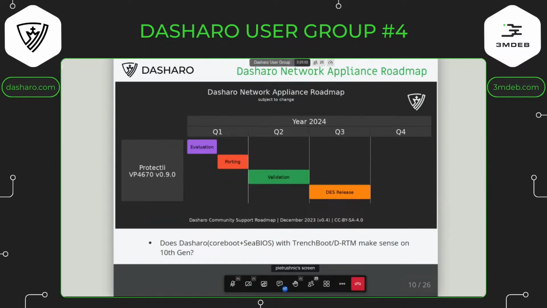I don't know what firmware would be there, because yesterday Daniel Smith said that Dasharo Core Plus UEFI should work there, and internally we have some other considerations. I really would like to have this product much earlier, but it depends on the evaluation, and it may happen that we decide to drop this if the evaluation does not succeed.